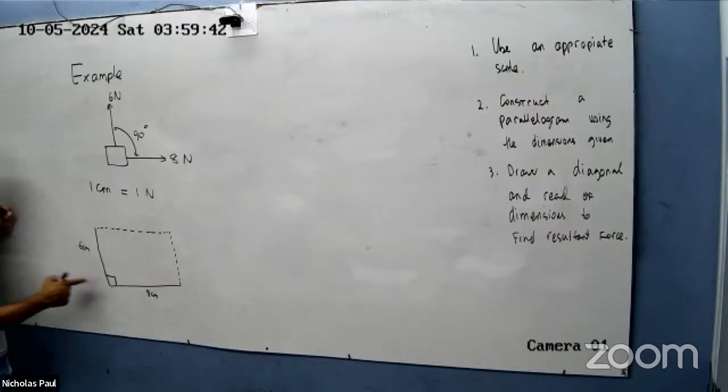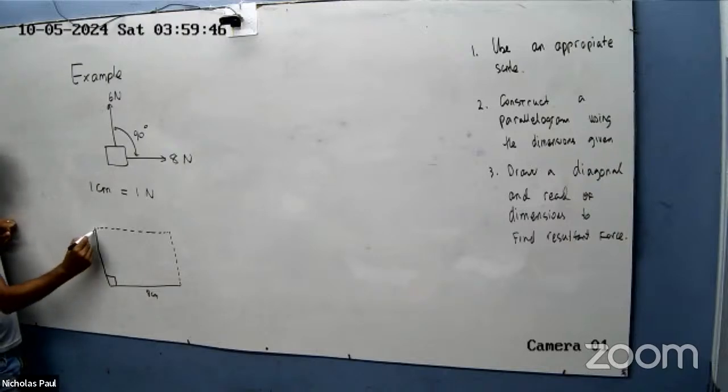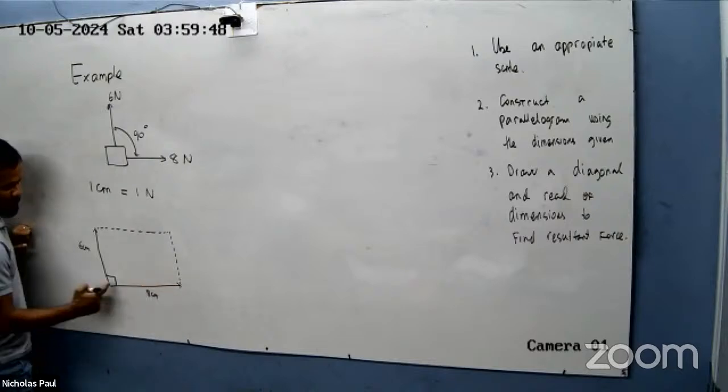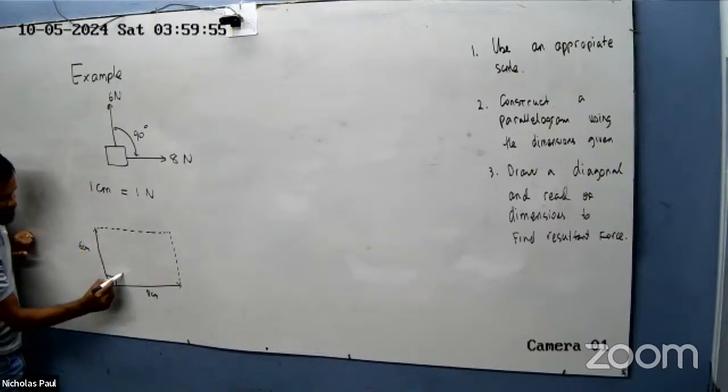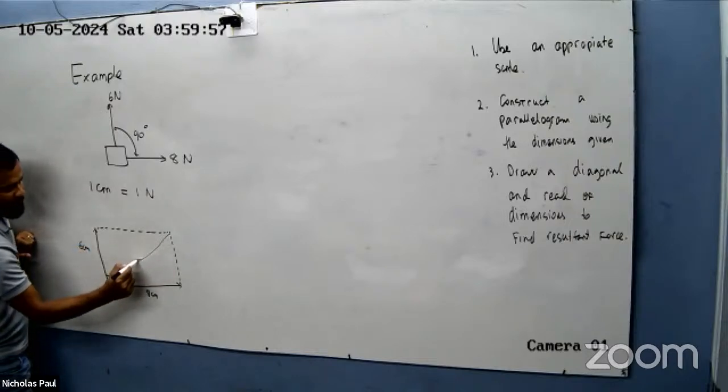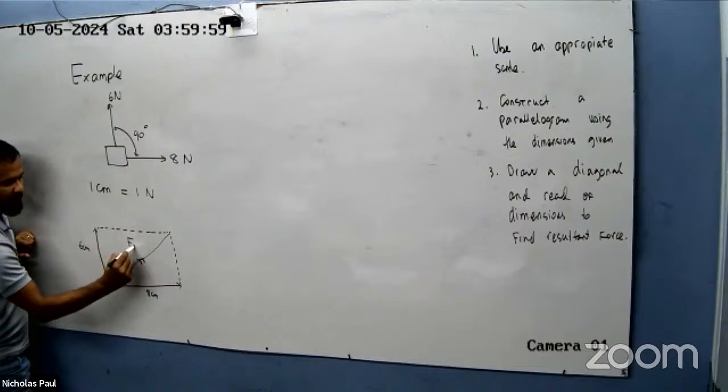Step 2, the last step, is to find the resultant force. If I have a force acting upwards here and to the right, we know that the resultant is here. Everybody okay with that? So you draw your resultant now. That is your resultant force.